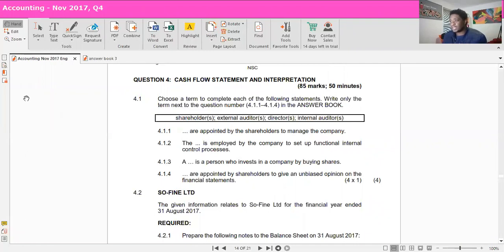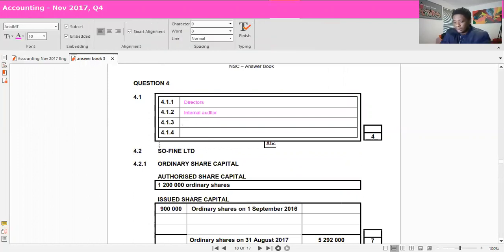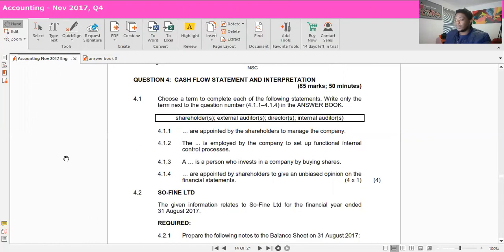And then move on to the third question. A is a person who invests in a company by buying shares. That is a shareholder. And then: these are appointed by shareholders to give an external unbiased opinion on the financial statements.